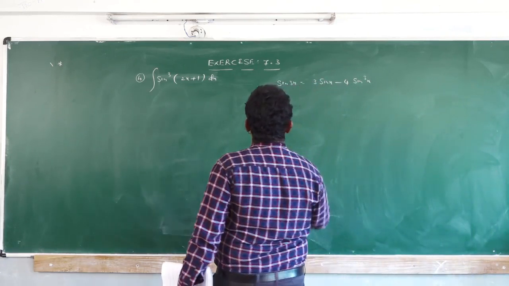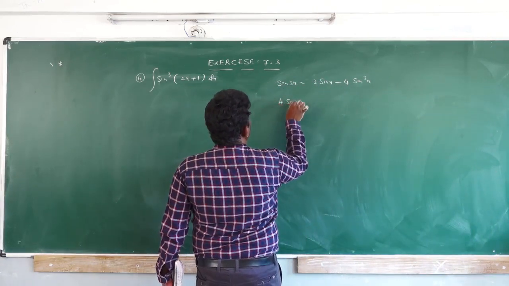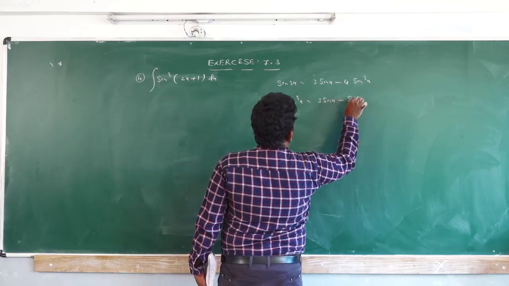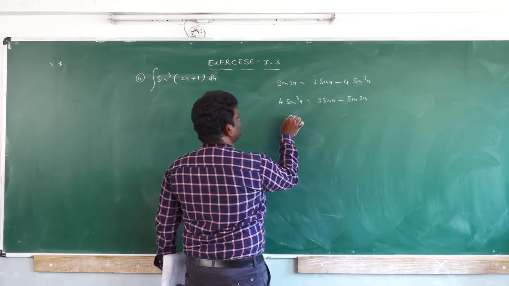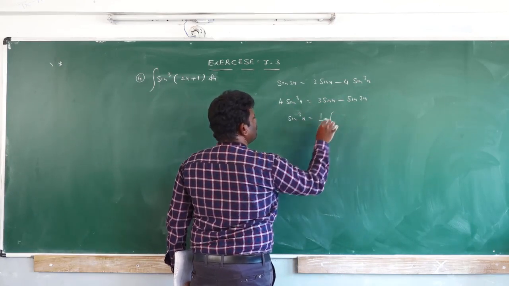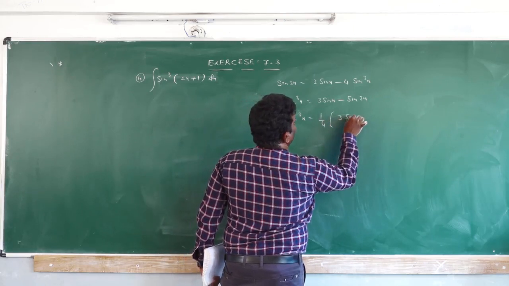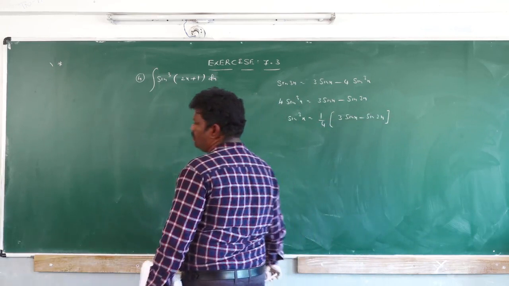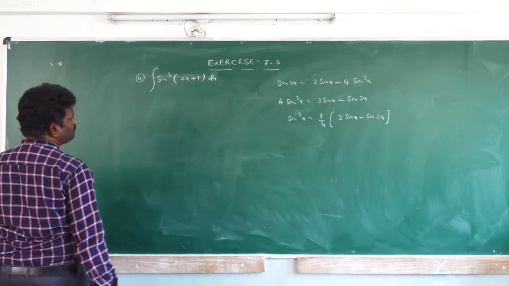4 sine cube x taken to this side. So 4 sine cube x is equal to 3 sine x minus sine 3x. Then sine cube x is equal to 1 by 4 into 3 sine x minus sine 3x. Now here we substitute that sine cube formula.